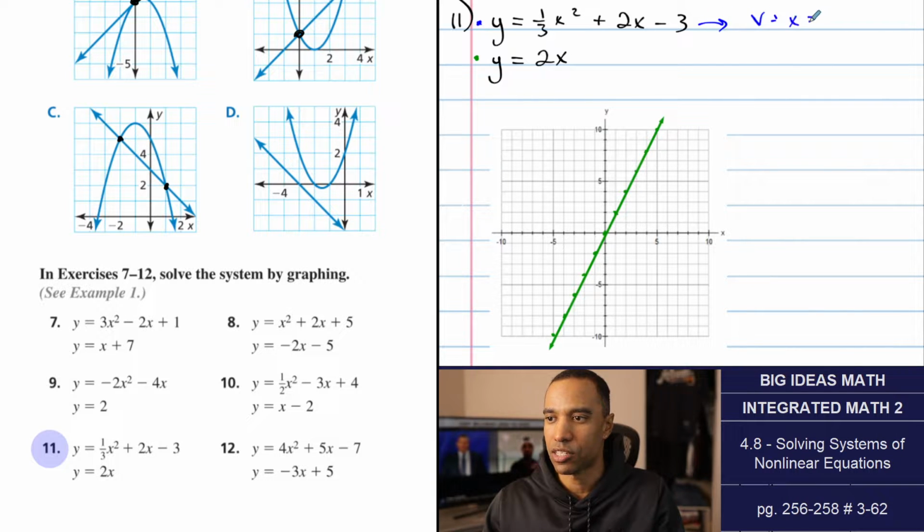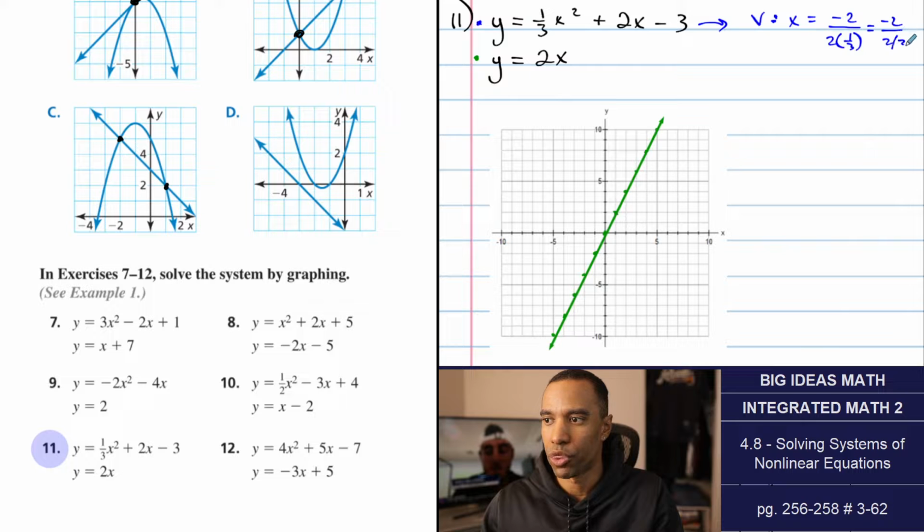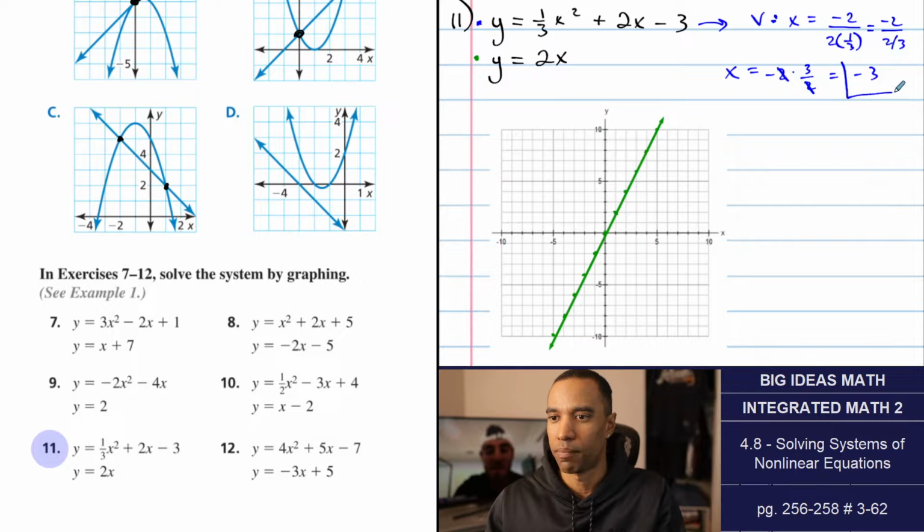The vertex x is negative 2 over 2 times 1/3. That's negative 2 over 2/3. Now, that means it's the same thing as negative 2 times 3 halves. Negative 2 over 2 is negative 1 times 3 is negative 3. All right? Oh, good.